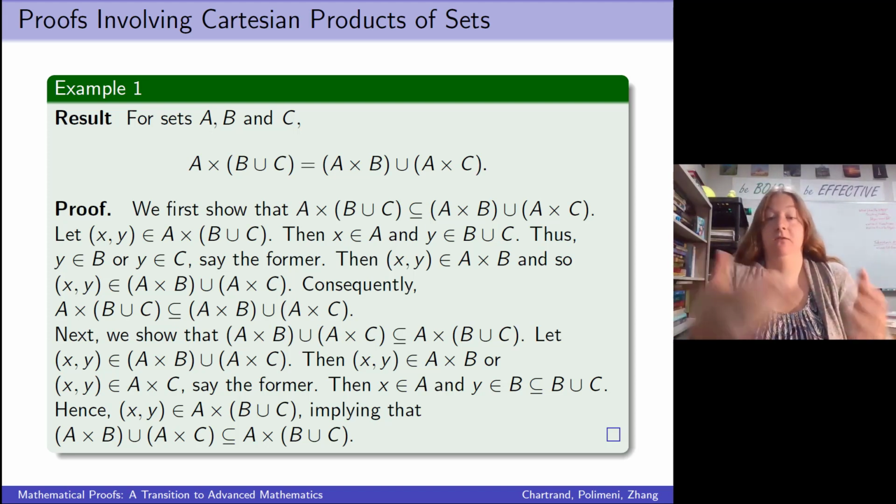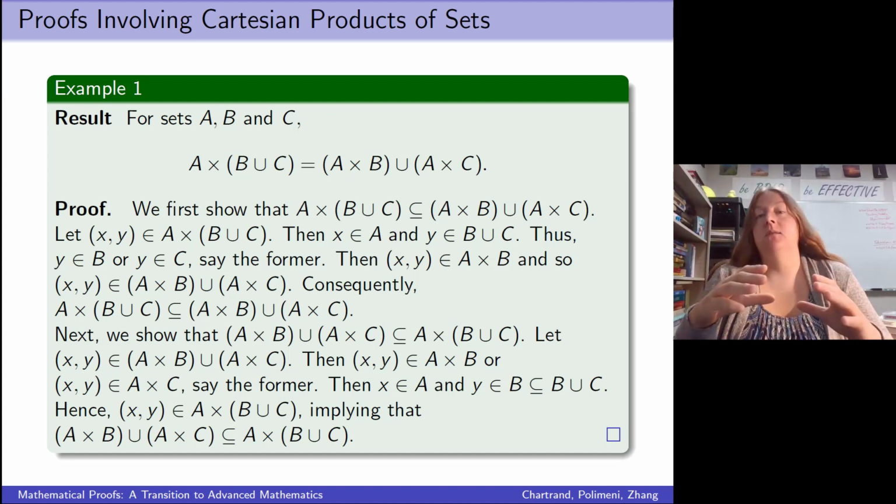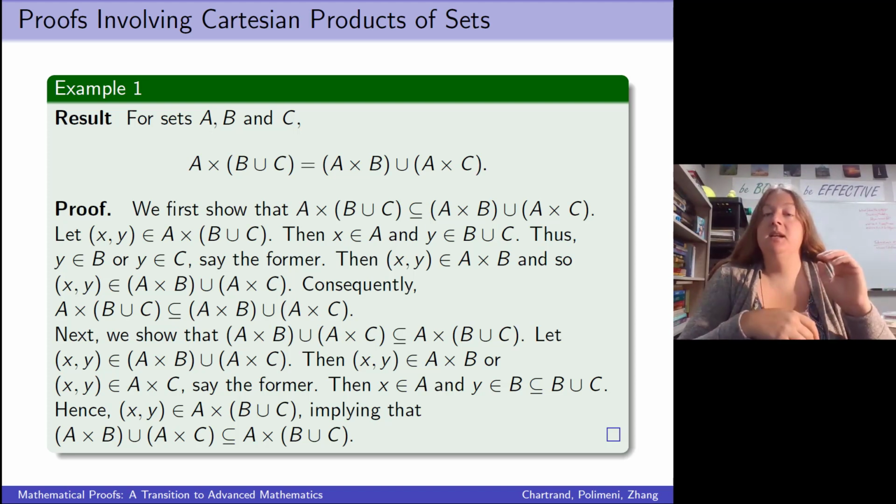So I'm going to say the former, which means that (x, y) is an element in the Cartesian product of A and B. Well, now that tells me that x is an element in A and y is an element in B. B is a subset of B union C, so that means that my ordered pair (x, y) is actually an element in the Cartesian product of A with B union C. So now I have that subset proven.